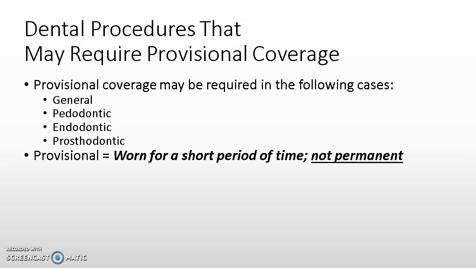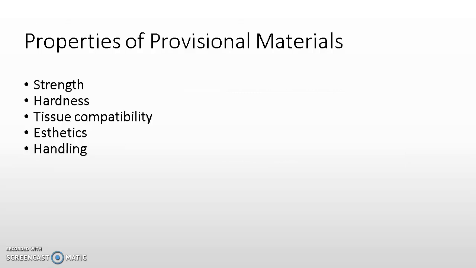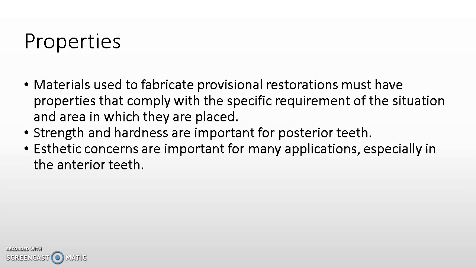Provisional is just a name that you should understand is worn for a short period of time. It is not a permanent restoration. The properties of provisional materials need to have adequate strength and hardness. They need to be compatible with soft and hard tissues. They need to be somewhat aesthetic, especially if we're placing them in aesthetic regions of the oral cavity, and they need to be easy to handle as well as relatively inexpensive.